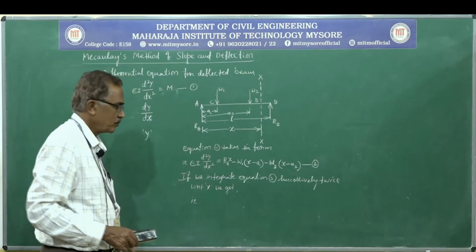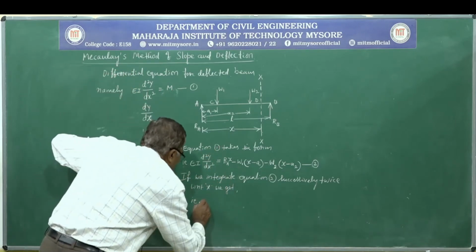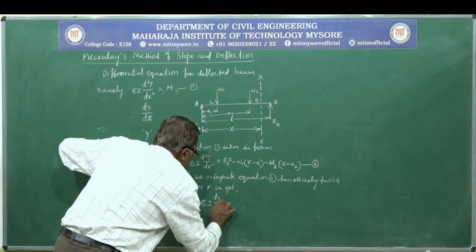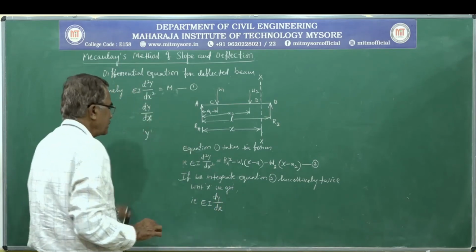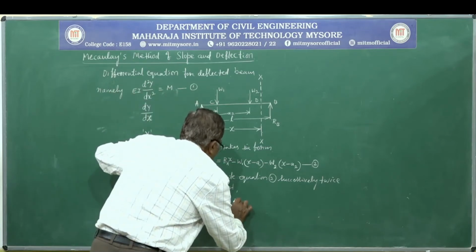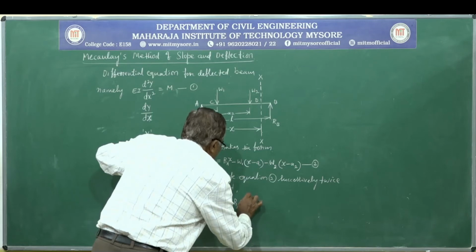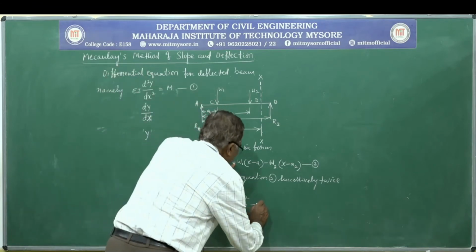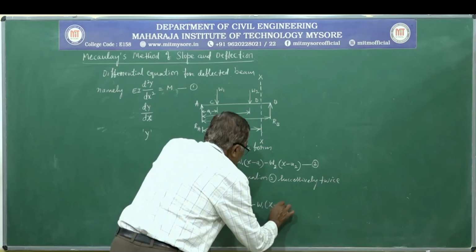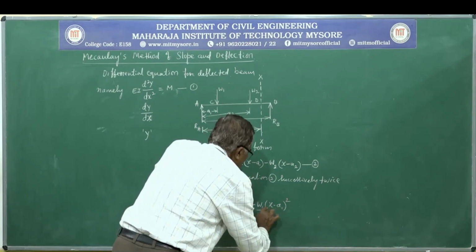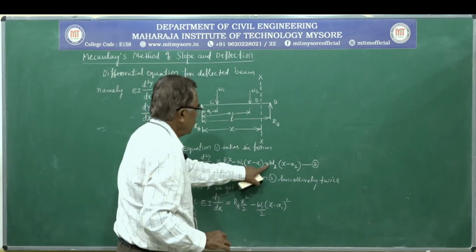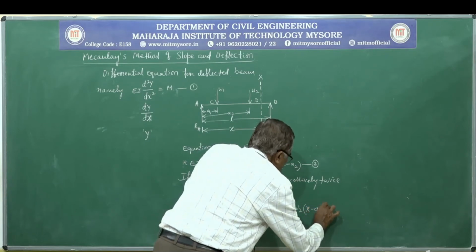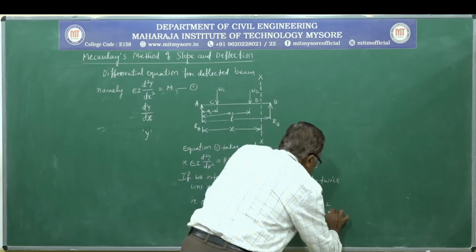the integration of equation 2. EI into dy by dx, integration of d square y by dx square, is equal to RA into x square by 2, minus W1 into x minus a1 whole square divided by 2, next minus W2 into x minus a2 whole square by 2, plus C1.